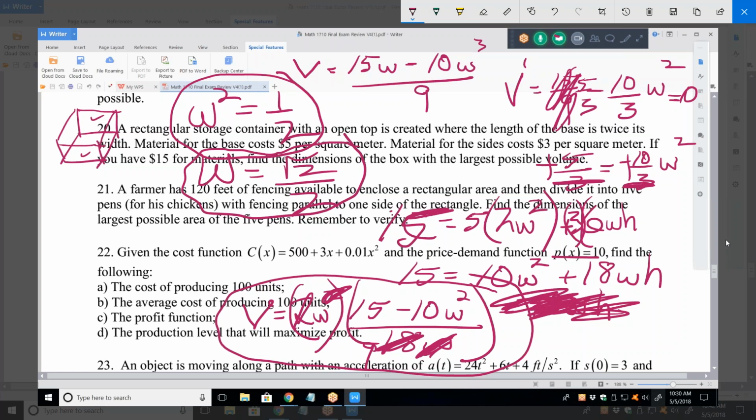I wonder if somehow I got w cubed here when I was supposed to get w squared. Because then I would get a w of 0.5. That's what they're saying, which means a length of 1 and a height of whatever it turns out to be.